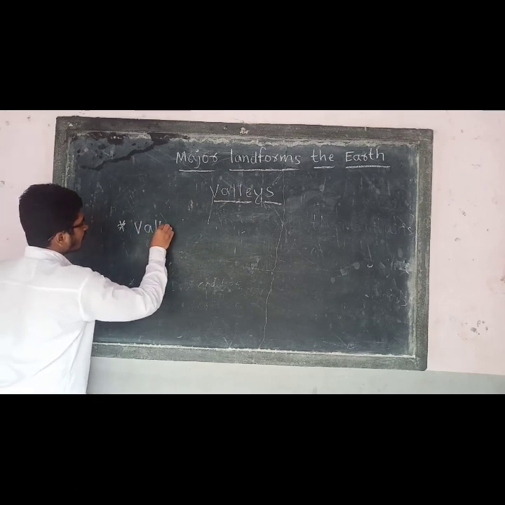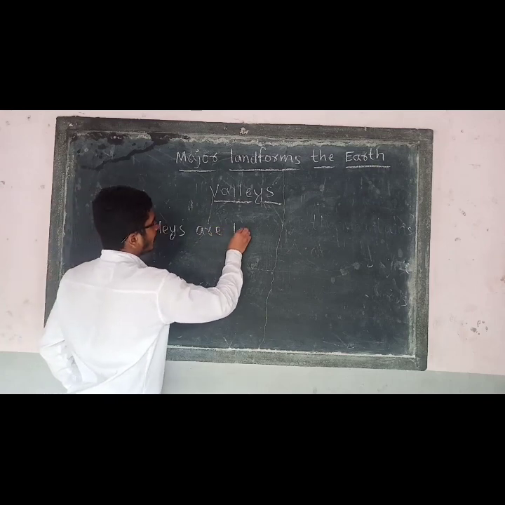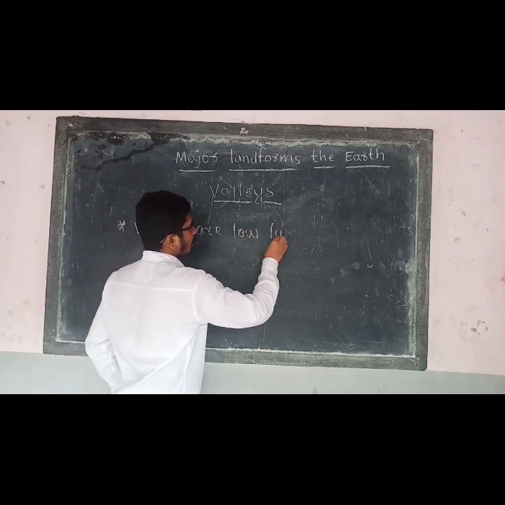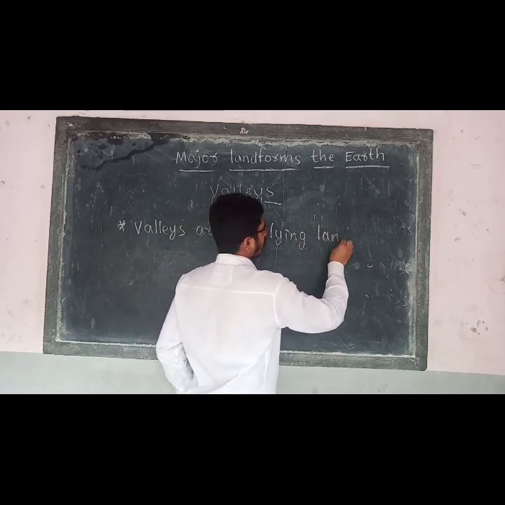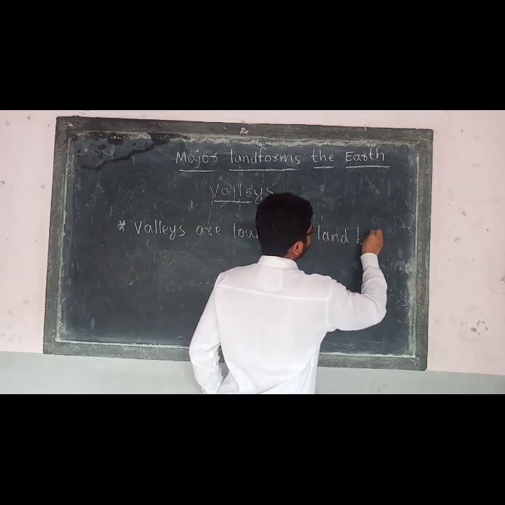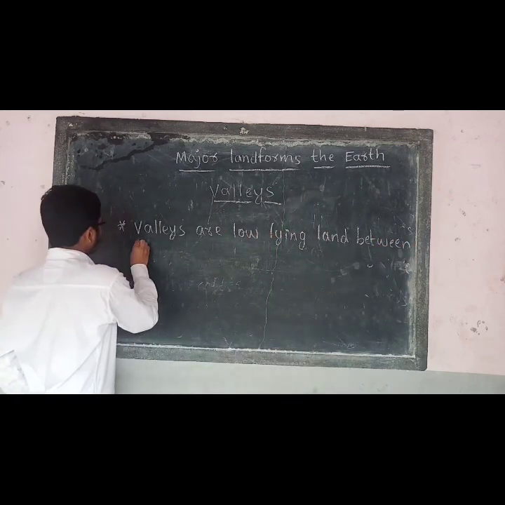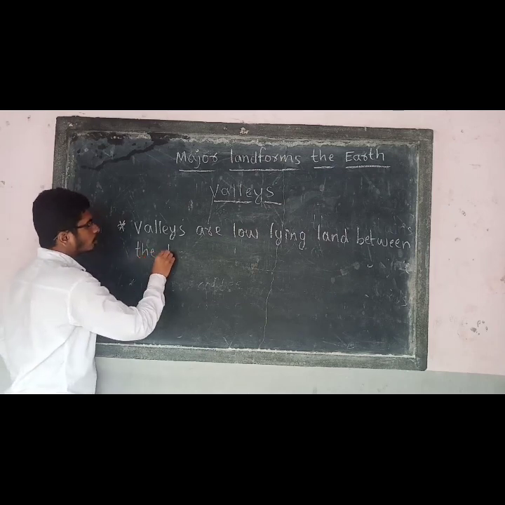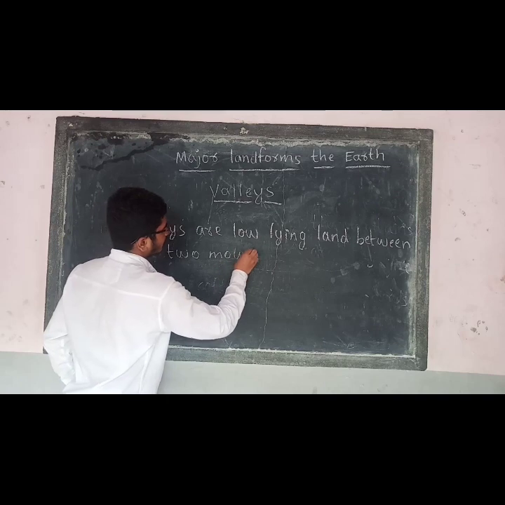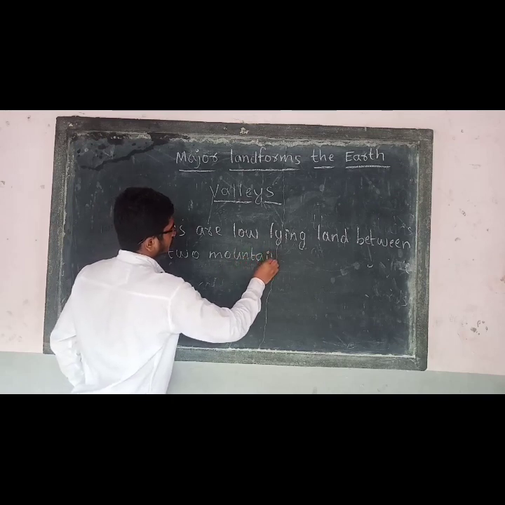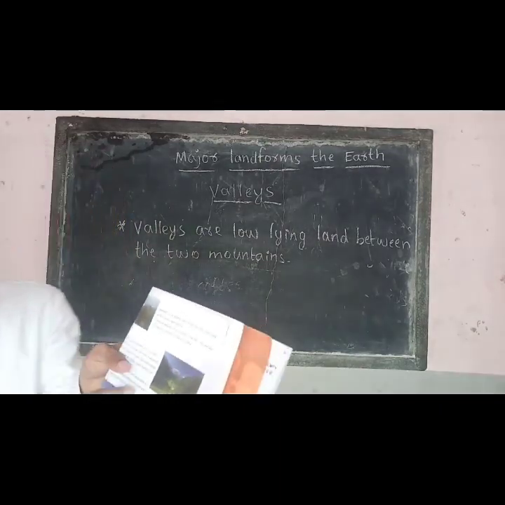Valleys are low-lying land between the two mountains. As you see in the picture here, how it is here.